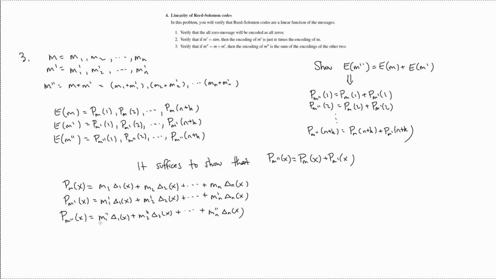Now substituting values for m double prime sub 1, m double prime sub 2, all the way up to m double prime sub n, we get m1 plus m prime sub 1 times delta 1 of x plus m2 plus m prime sub 2 times delta 2 of x, all the way up to mn plus m prime sub n times delta n of x.